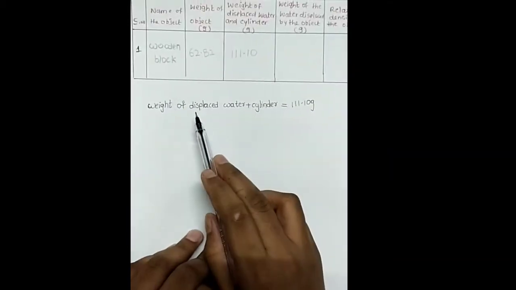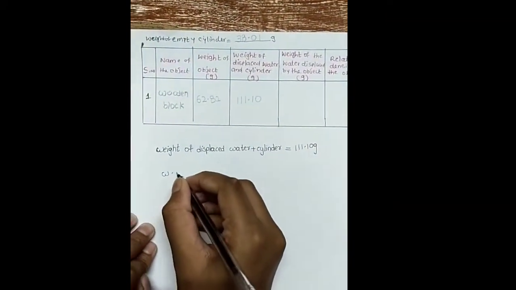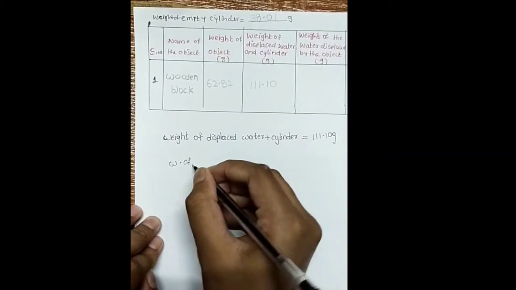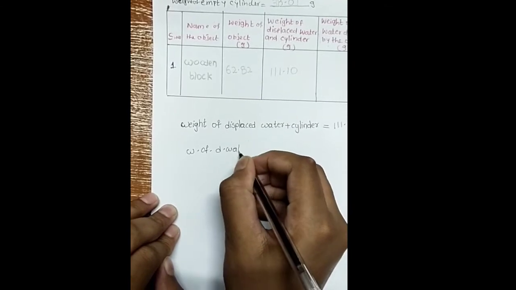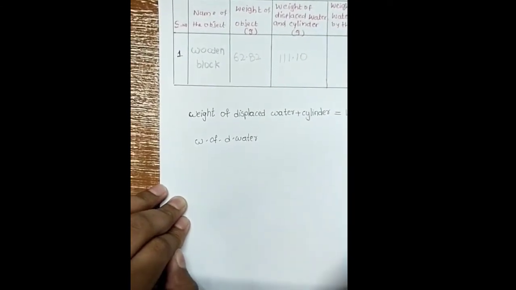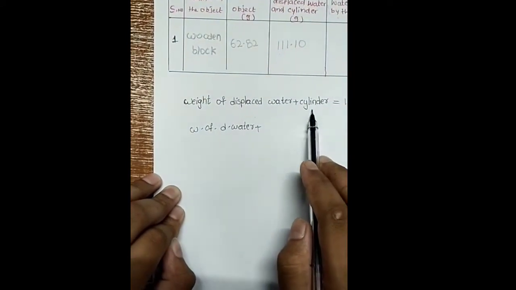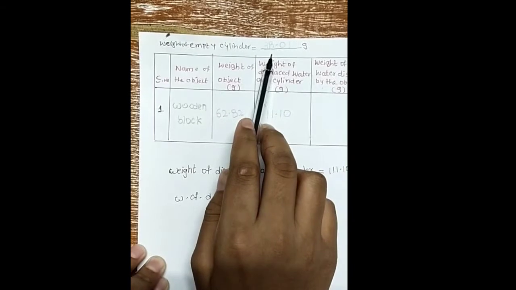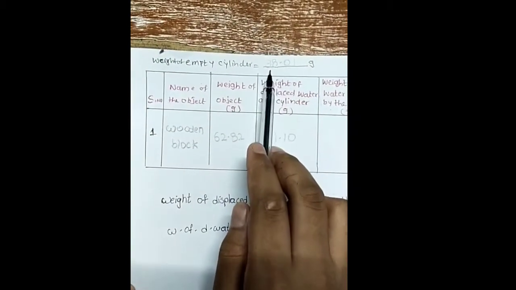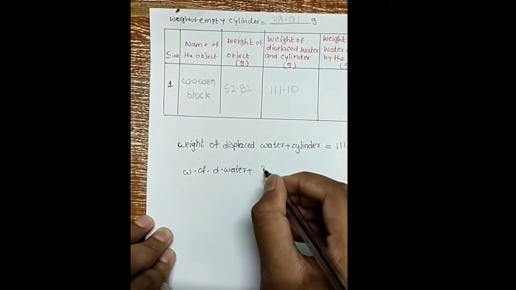Next, we should find the weight of the displaced water. For that, weight of the displaced water plus cylinder minus the weight of the empty cylinder. What is the weight of the empty cylinder? Yes, 38.01 grams. We should note the value.